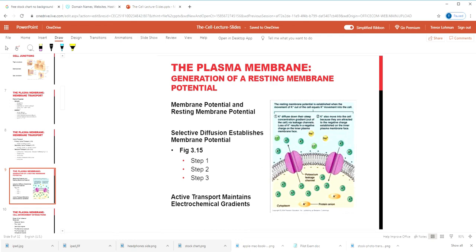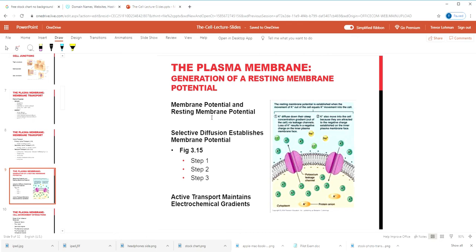That potassium wants to leave. It's highly concentrated inside and wants to get out. As soon as I create an opening for it to leave, like a leakage channel, it will. So you create potential energy by highly concentrated potassium inside the cell. That's membrane potential, and potassium is just one example.